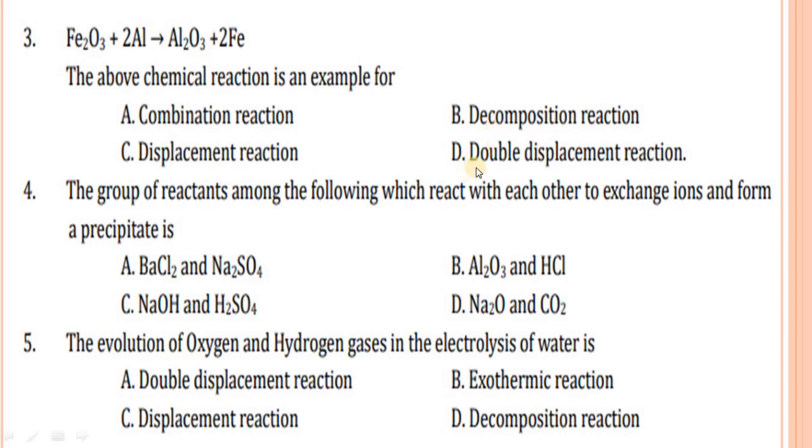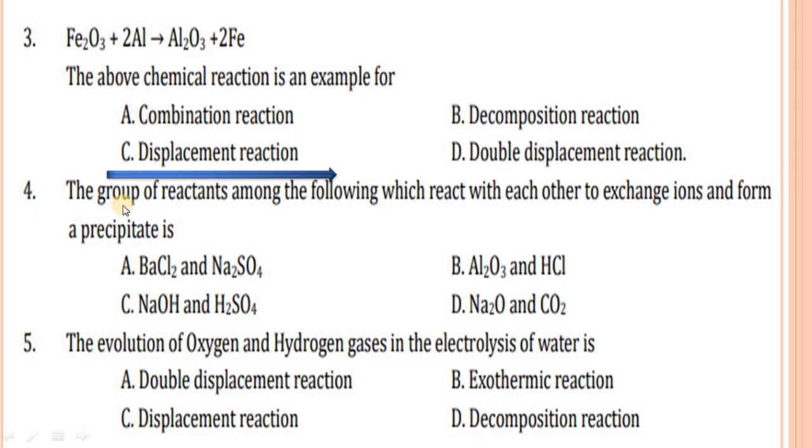In double displacement reaction, there will be an exchange of ions. So if you see this reaction, here aluminium is replacing the iron from Fe2O3. So here iron is displaced. That's why option C, displacement reaction, is the right answer.